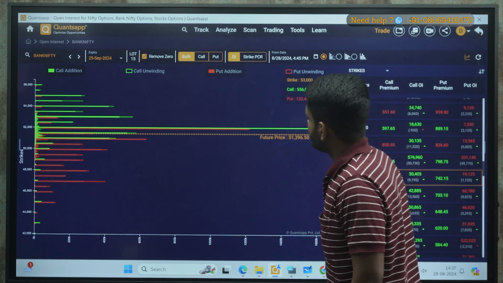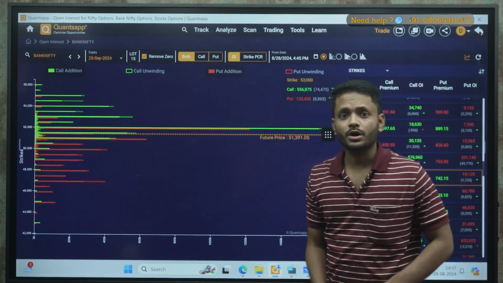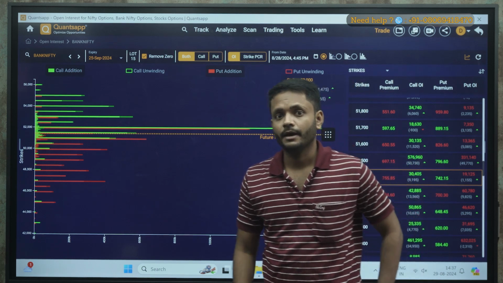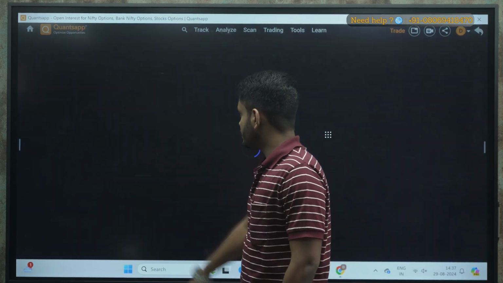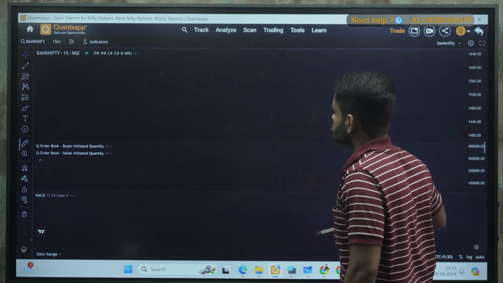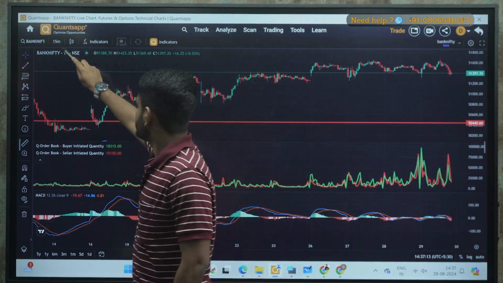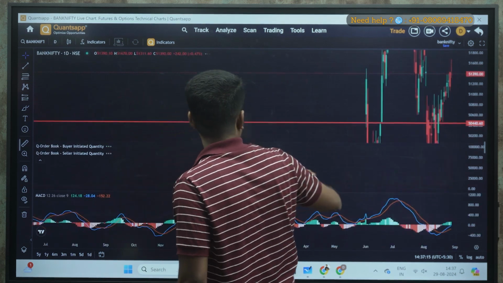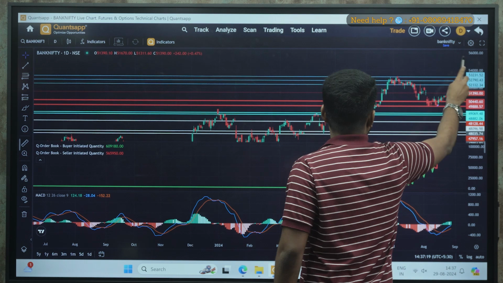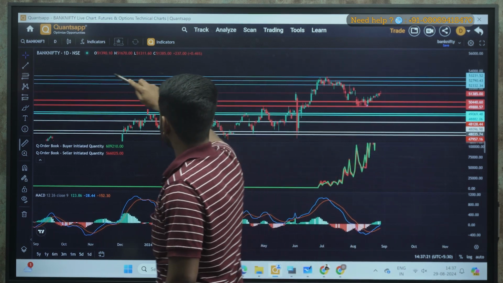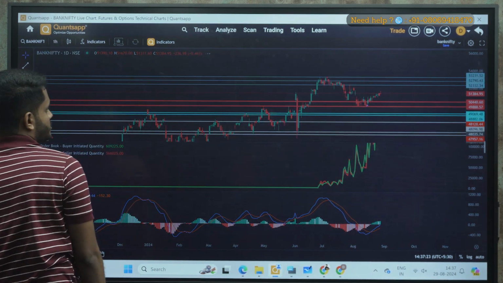Now based on this, what kind of strategy can you plan? Let us go to the chart and check how Bank Nifty looks. Let me plot a 1 hour chart.